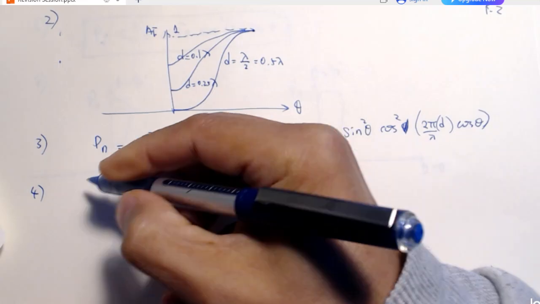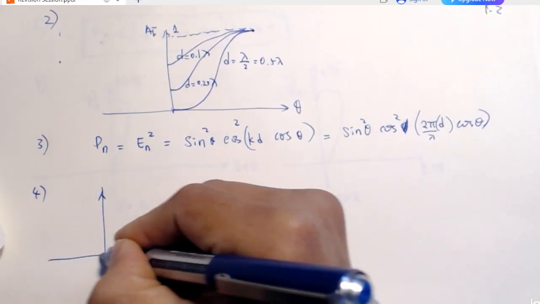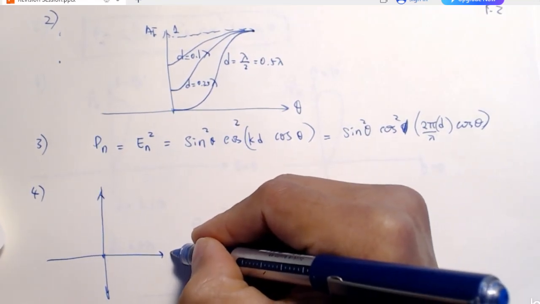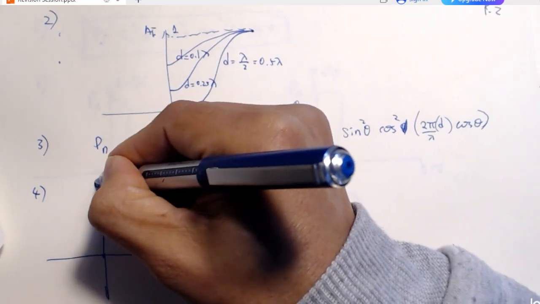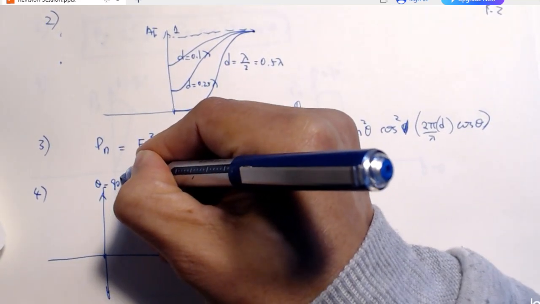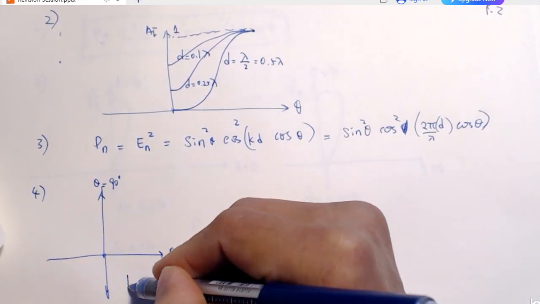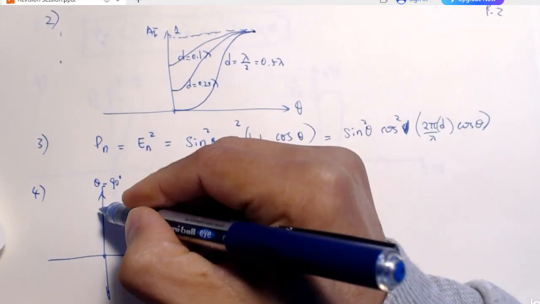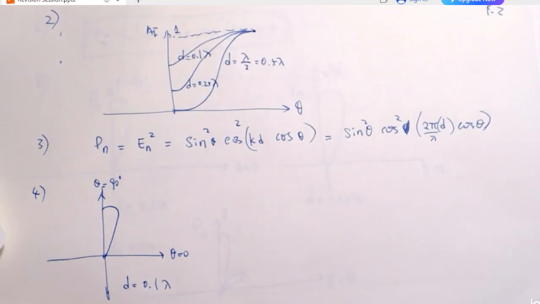If you put the Argand diagram, if t is equal to just 0.1 lambda, then we are going to expect like this.